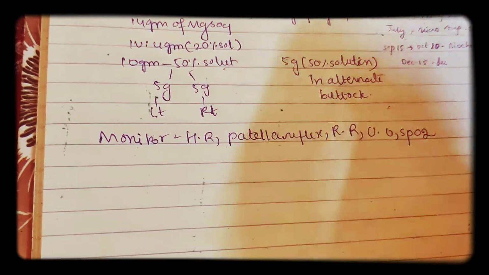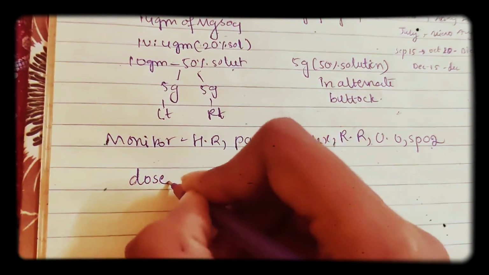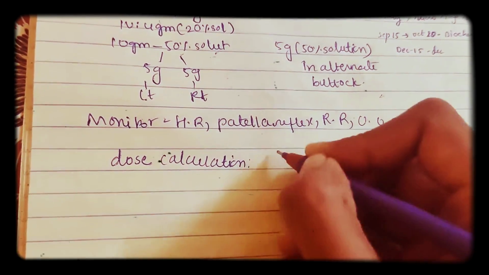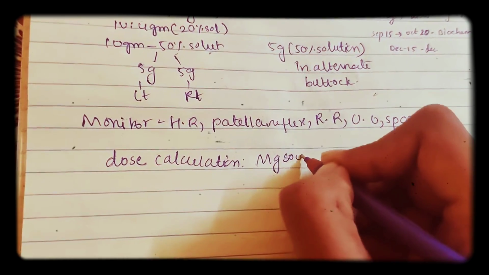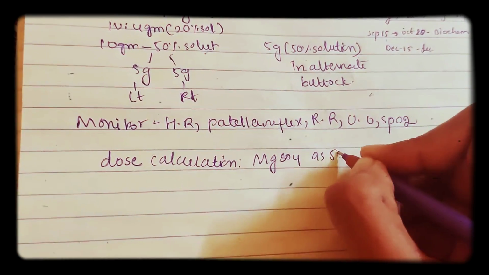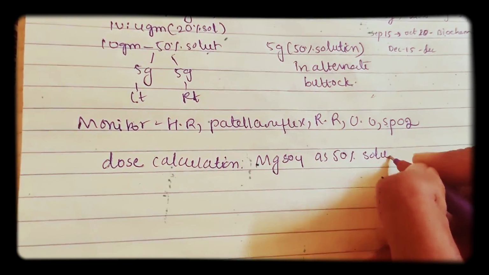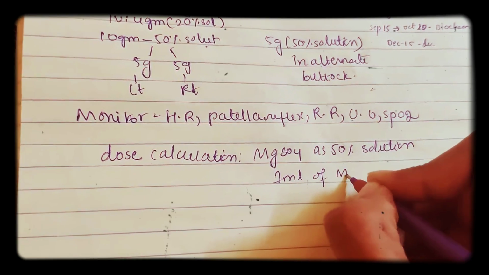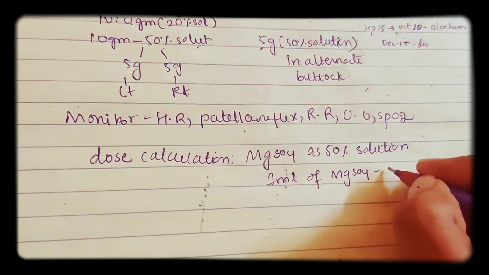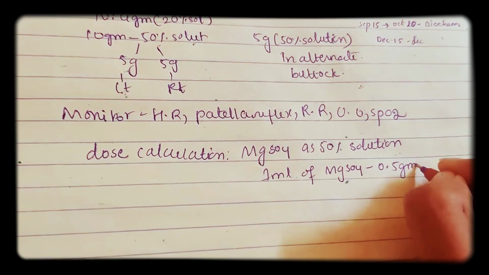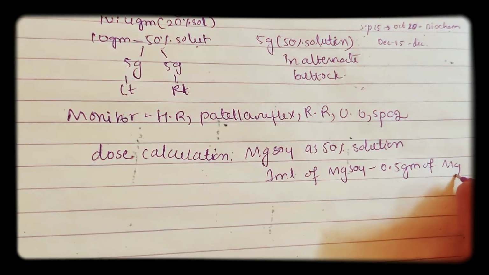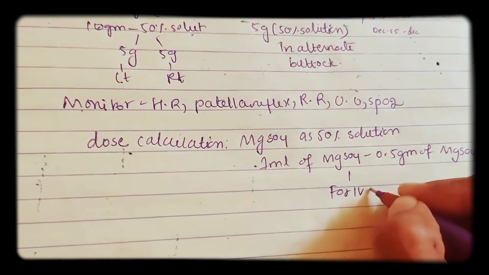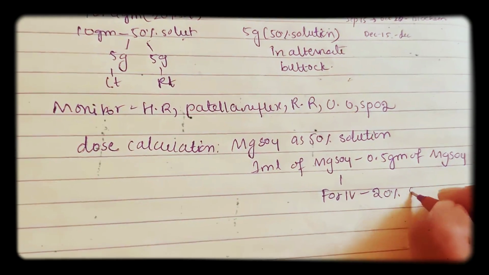So what is the dose calculation? How do we calculate the dose? Magnesium sulfate is available as a 50% solution, and in 1 ml of magnesium sulfate there is 0.5 grams of magnesium sulfate, and for IV use a 20% solution is needed.